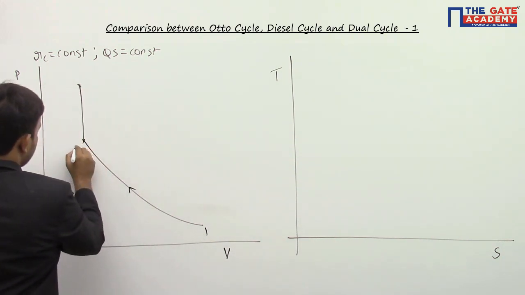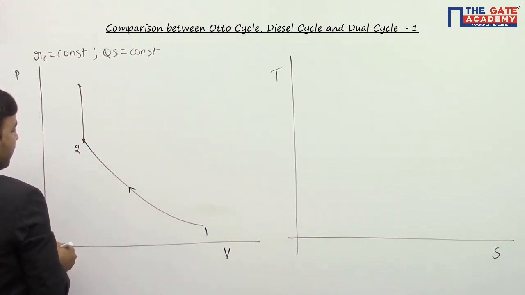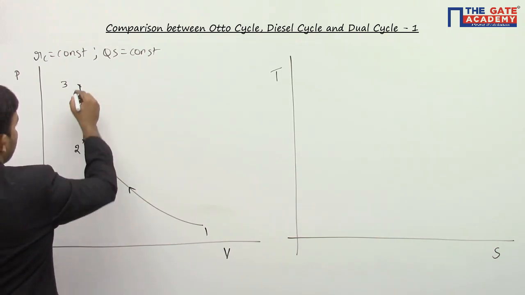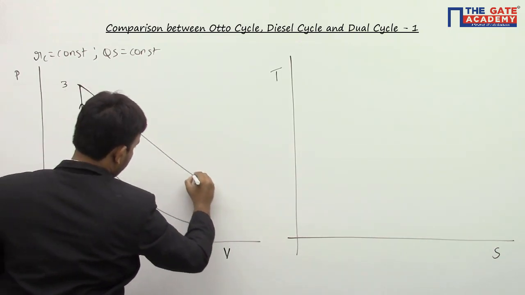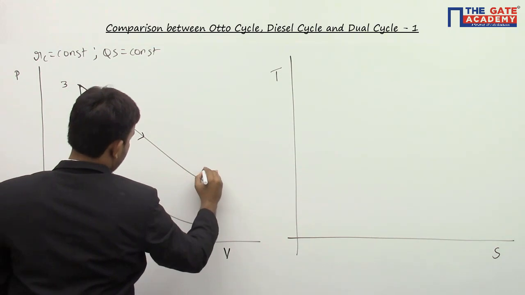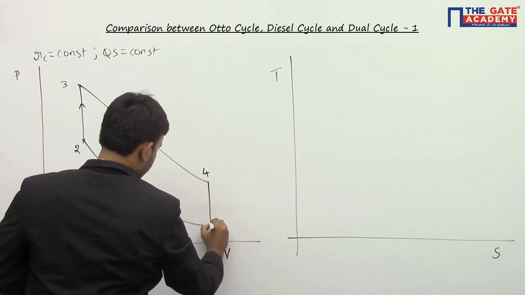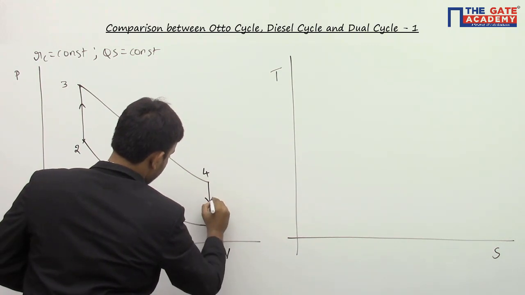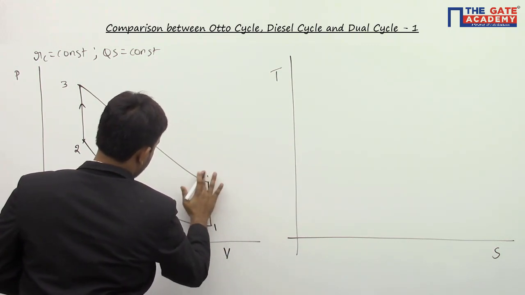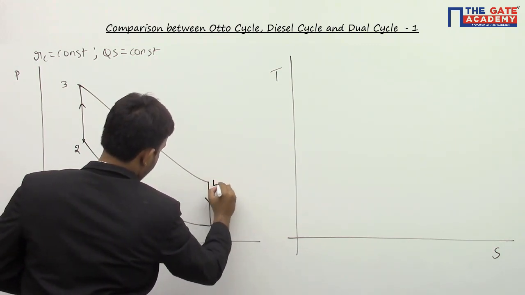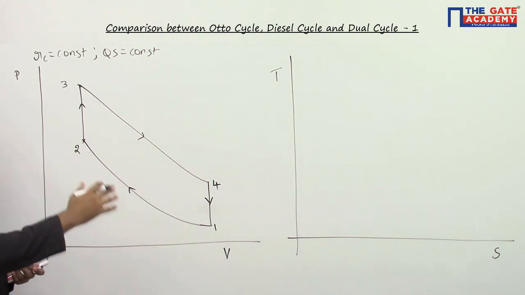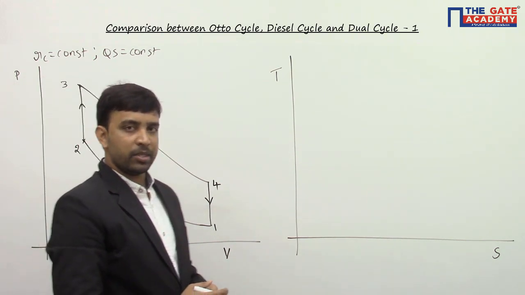So 1 to 2 is reversible adiabatic compression process and 2 to 3 is constant volume heat addition process and 3 to 4 is reversible adiabatic expansion process and 4 to 1 is constant volume heat rejection process. This is Otto cycle, and these are the four processes that are taking place in Otto cycle.